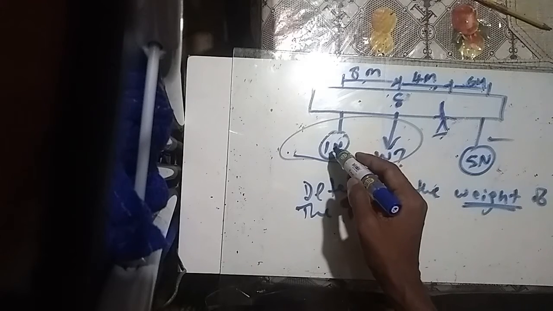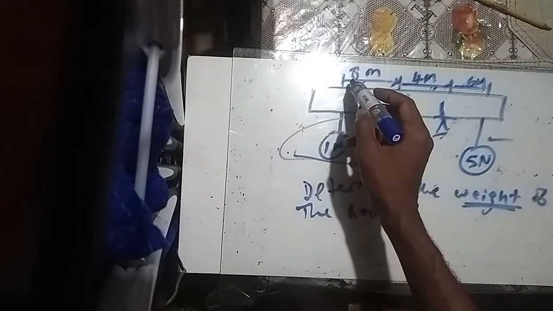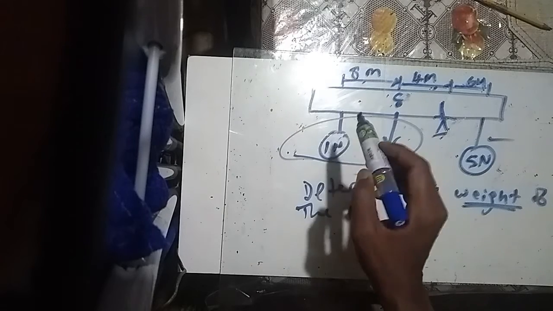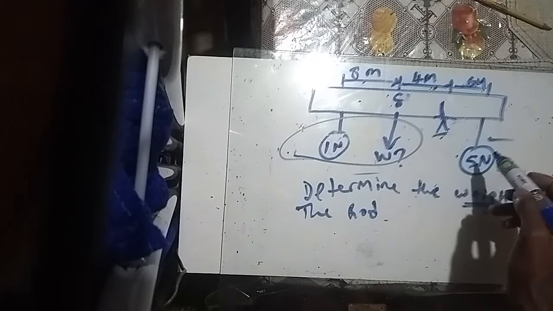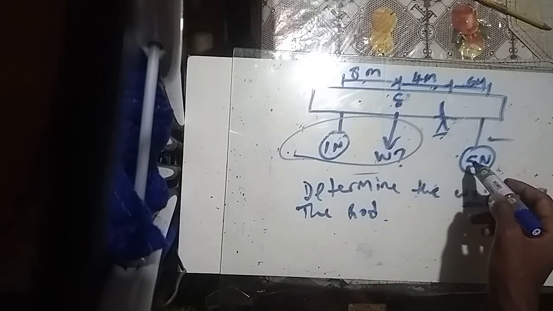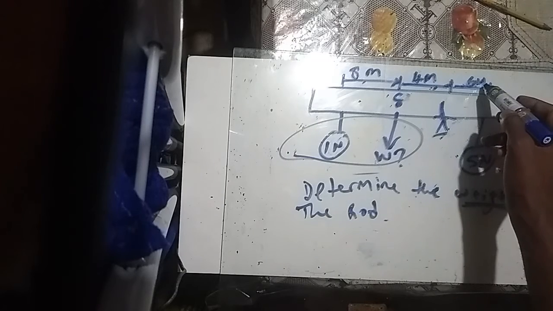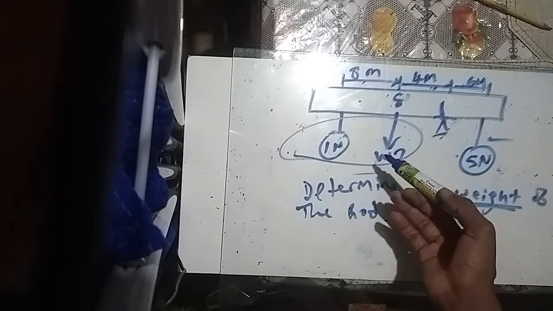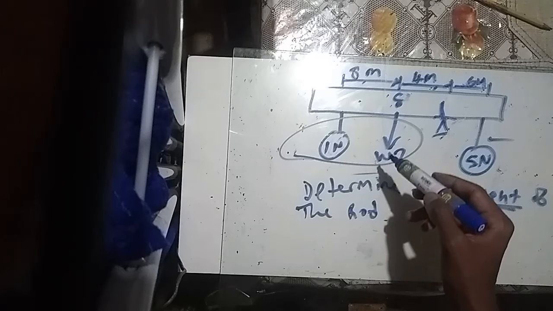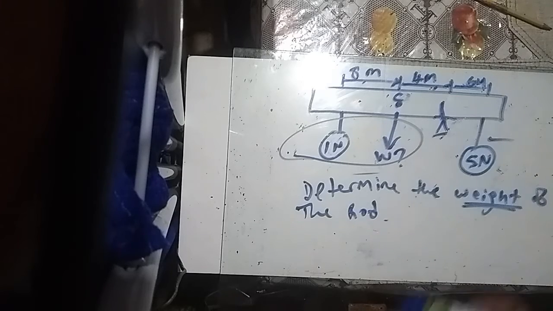So we know that the 1 Newton weight has a force of 1 Newton, obviously, and this is a certain distance away from the pivot. We know that the 5 Newton weight is also a certain distance, 6 meters, from the pivot. And we know that the unknown weight, which is the unknown force and also the weight of the rod in this case, because it is where the center of gravity is, is 4 meters away from the pivot.